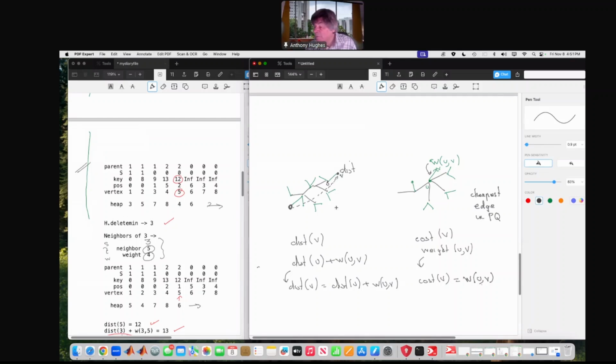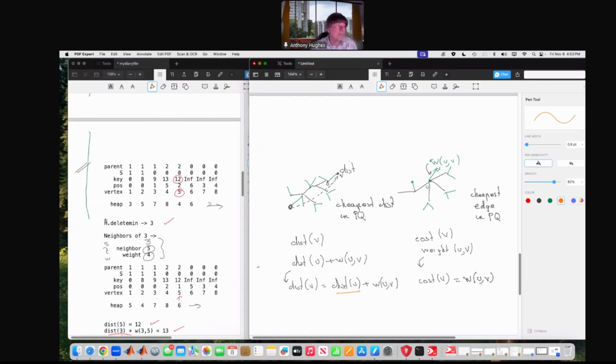This one is the cheapest cost, the cheapest distance in the priority queue. Notice the only difference between the two is this has a dist U, and here there isn't a dist U. It's just WUV. So the code for the two algorithms is exactly the same. What they give you, of course, is a totally different spanning tree.